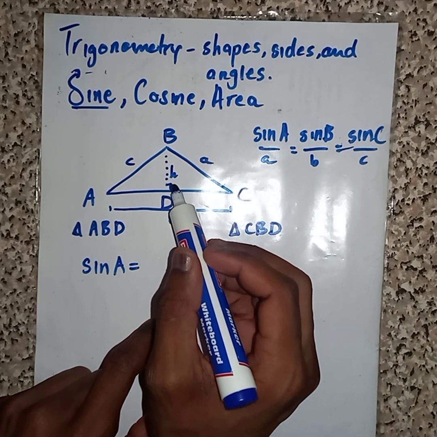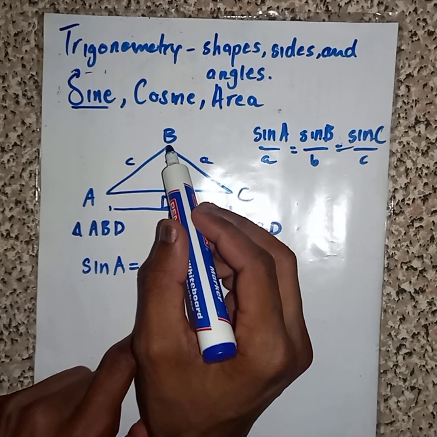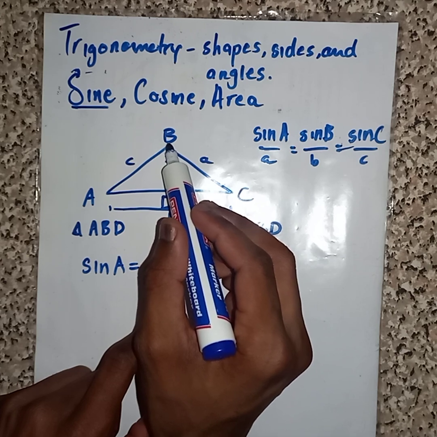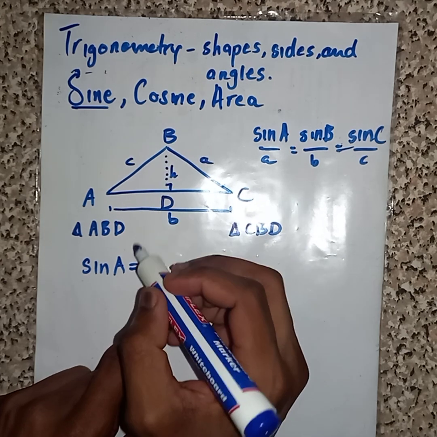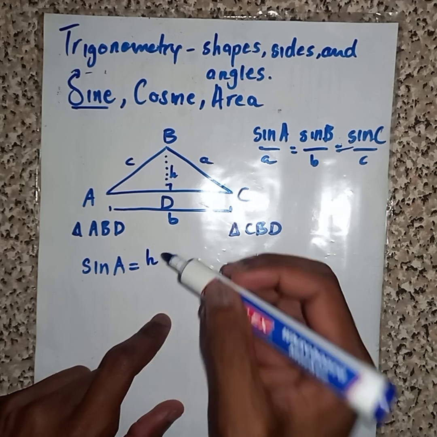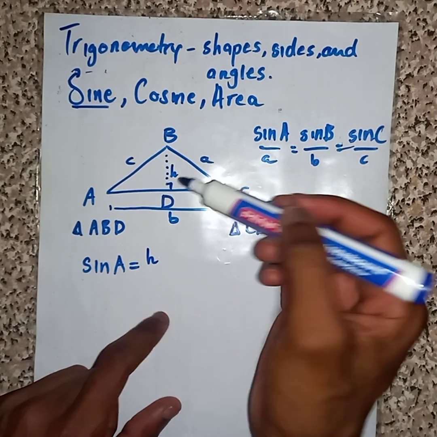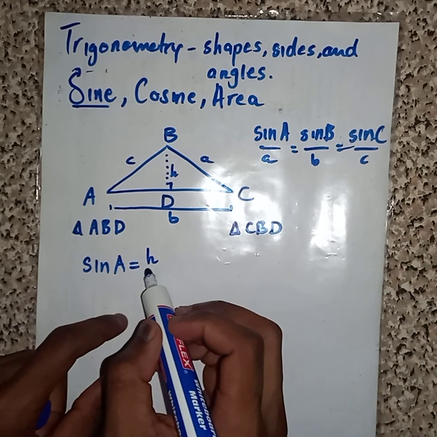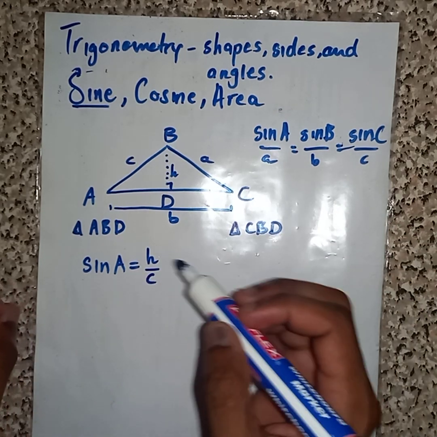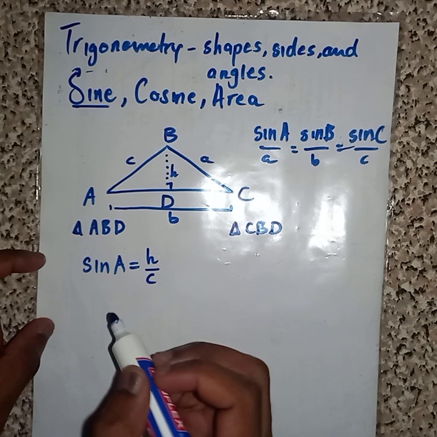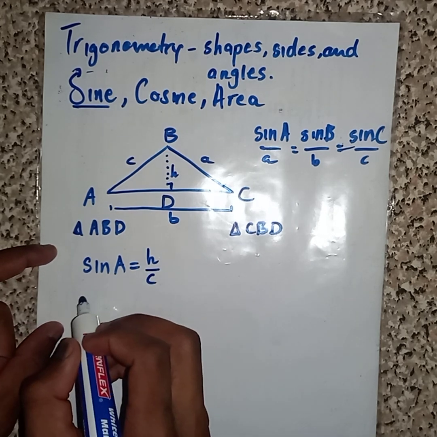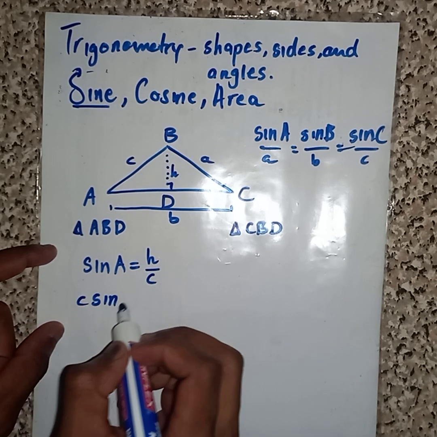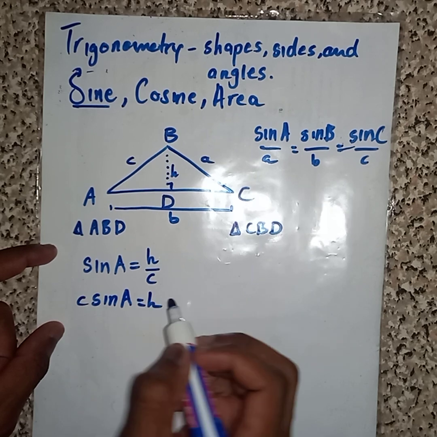Then in our given triangle, our opposite is going to be h, which is BD somehow. Then your hypotenuse is going to be c. Then let us solve for h. We cross multiply, then we are going to get sine A times c equals h.